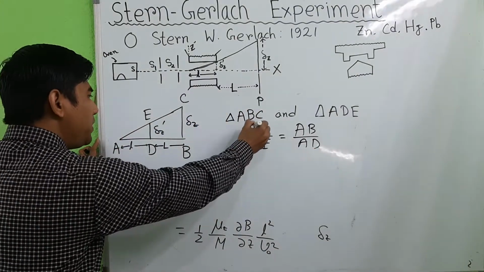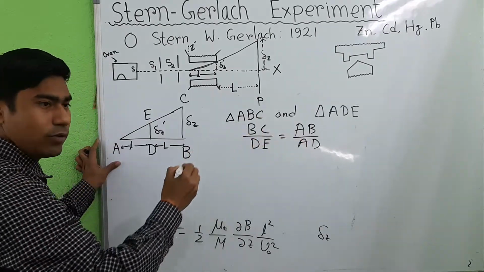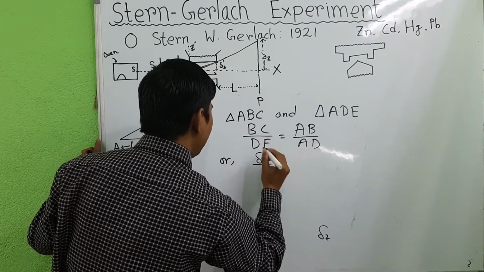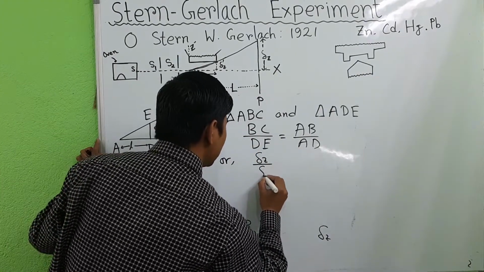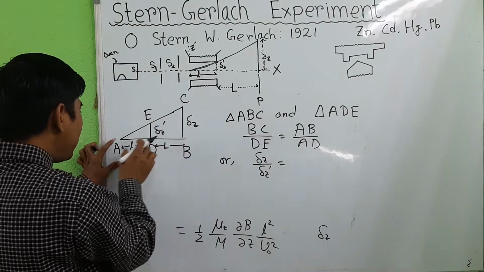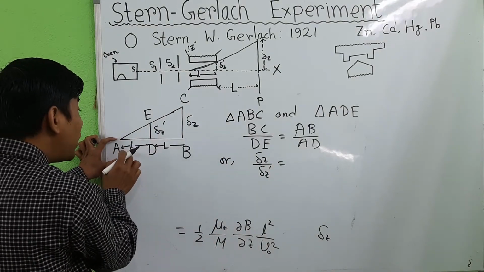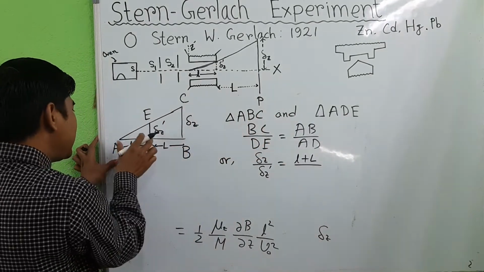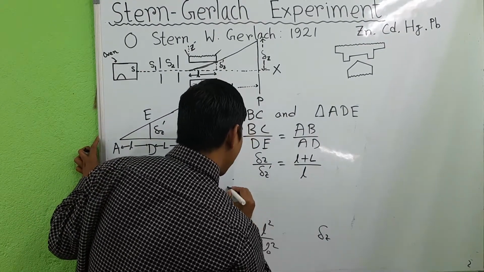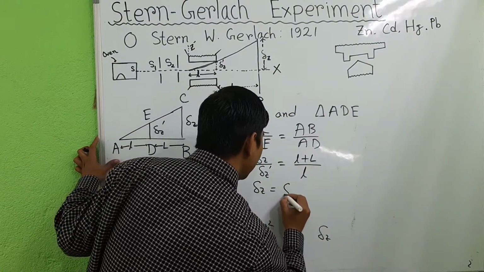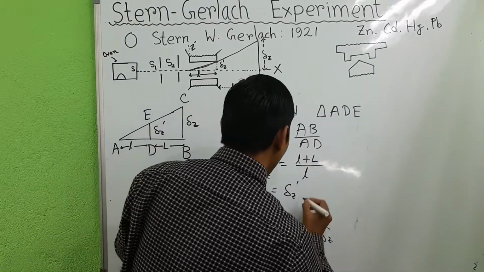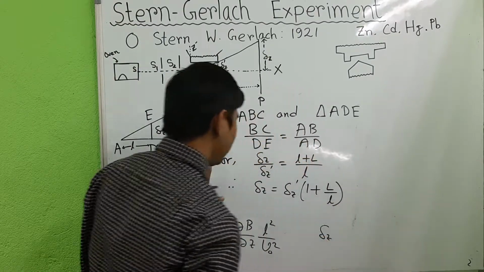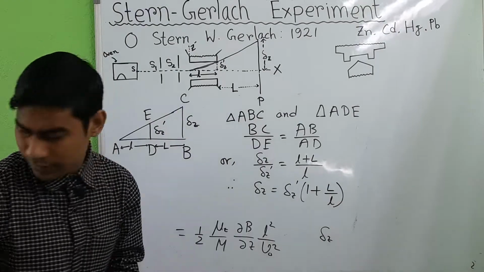Now if we put the value of BC, DE, AB and AD, where BC is delta z dashed, AB is small l plus capital L, and AD is small l, we may write delta z equals delta z dashed into 1 plus capital L by small l. So this is delta z.